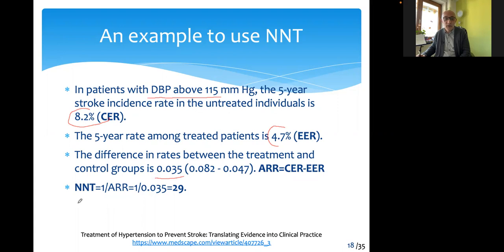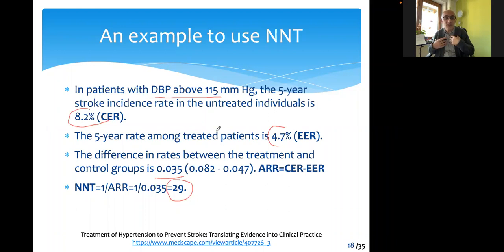Since number needed to treat is 1 divided by absolute risk reduction, my number needed to treat in this case is 29. That means what? You need to apply antihypertensive medications to 29 people to protect 1 person from getting a stroke. Is that feasible?